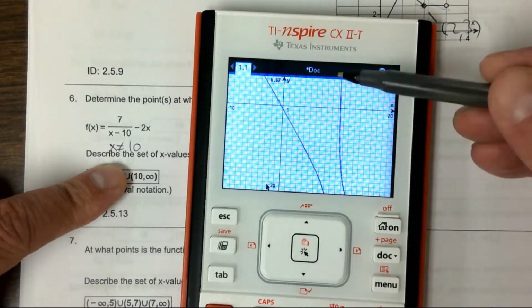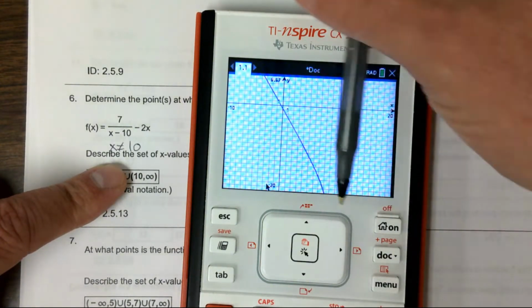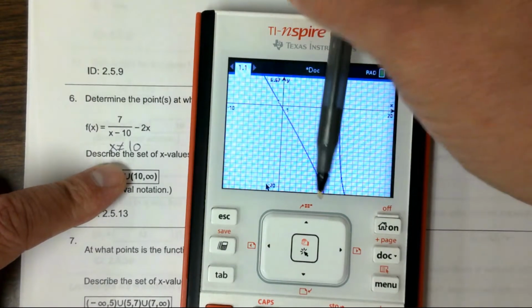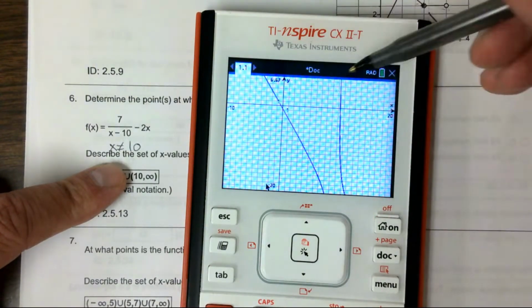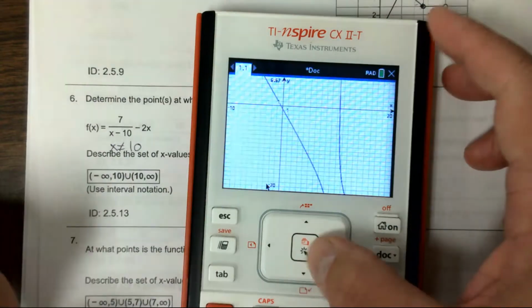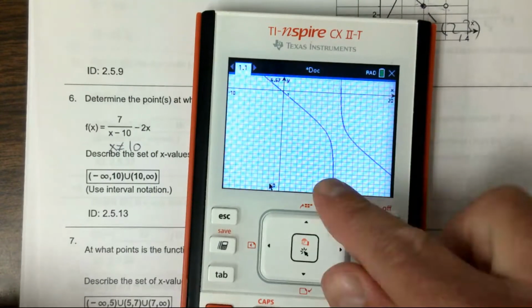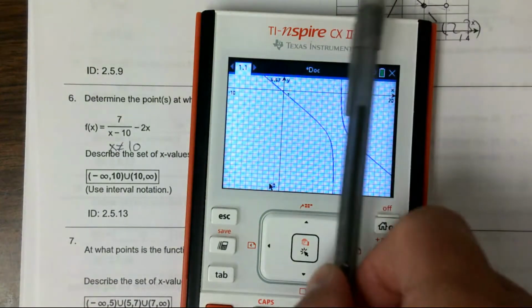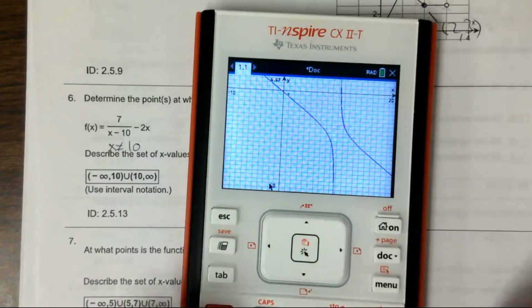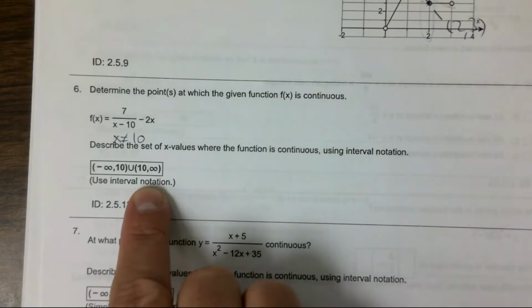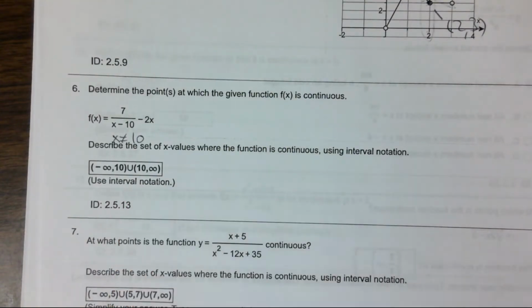You can imagine this being a vertical asymptote at 10, where this is swooping down and this is coming that way. If it helps you make this like negative 50, then you see it even more clearly. So it's basically all reals x not 10.